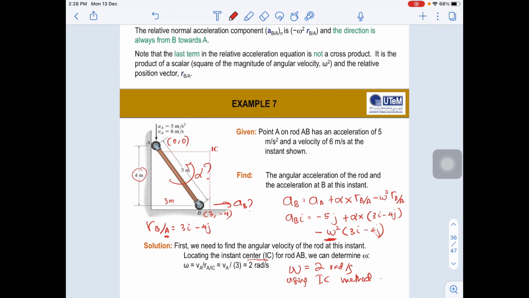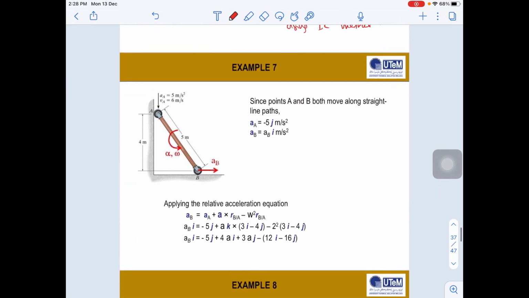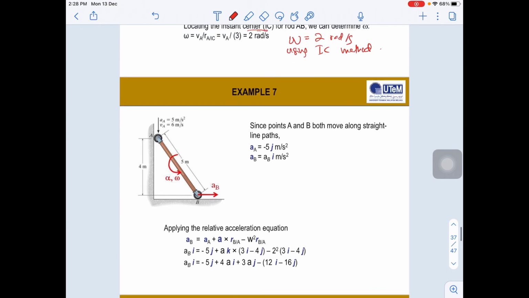Right. Then our equation is simplified. Okay, I use this here. So you have AB minus 5. This is alpha times 3i minus 4j and minus 2 squared. 2 is omega.